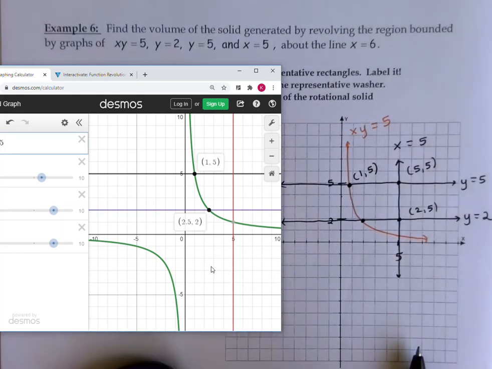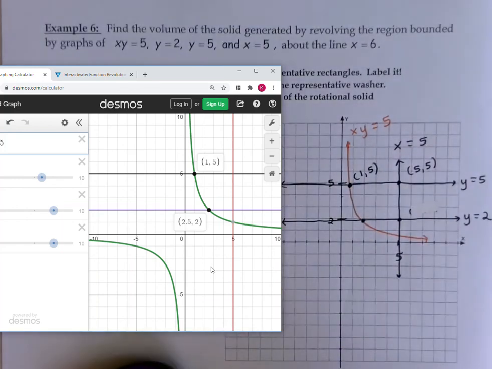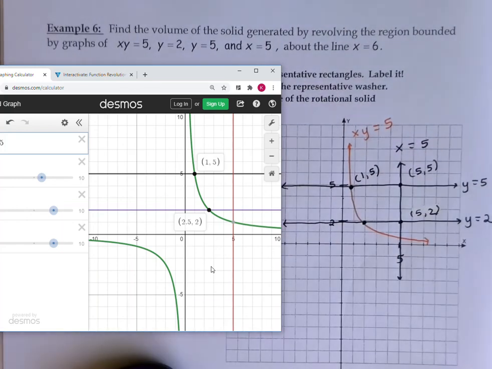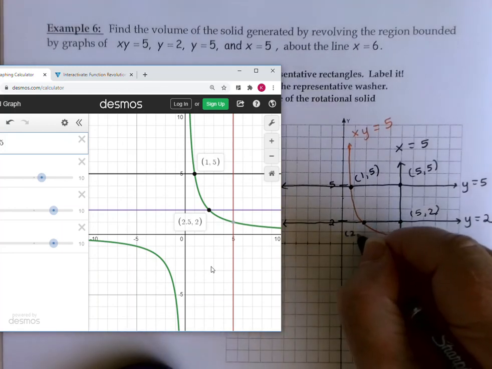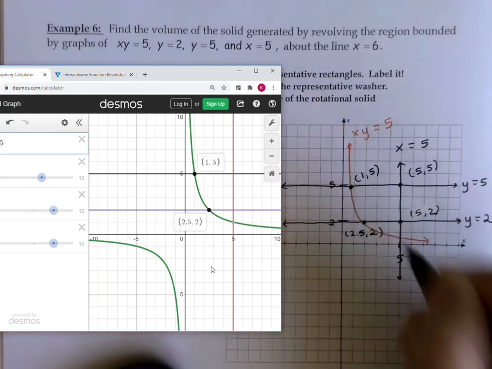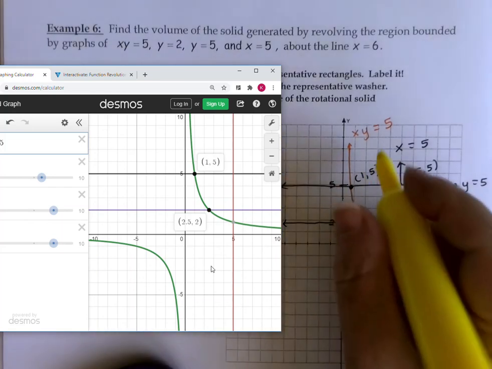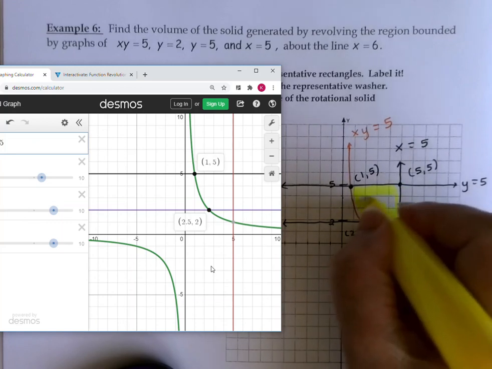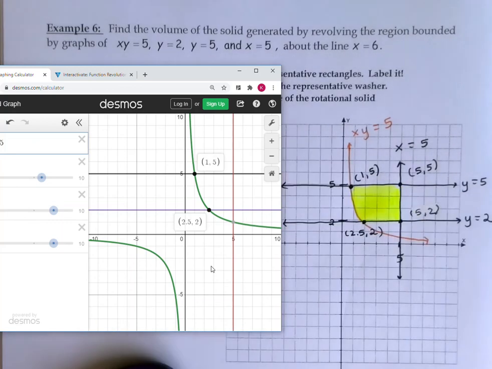I am making mistakes all over the place. Sorry, this is 5, 2. And then this one is 2.5, 2. So we've got a model to use as needed. All right, there's my region.